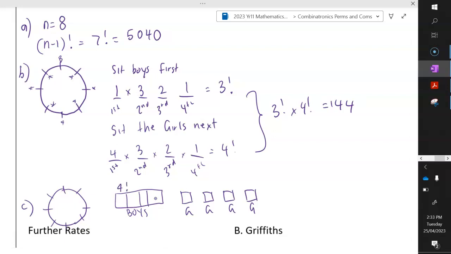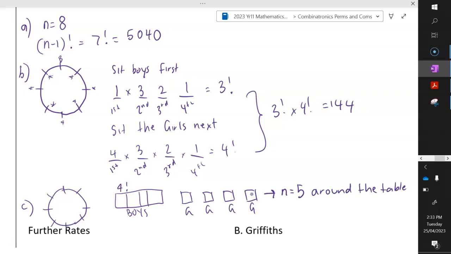Okay, so the first one picks his spot within his 4. He's got 4 choices. The second boy's got 3. The third one's got 2 and the last one's got 1. But around that circle, we're going to think of them as 1, 2, 3, 4, 5. We're going to think of it as n equals 5 around the table, because we've grouped the boys together.